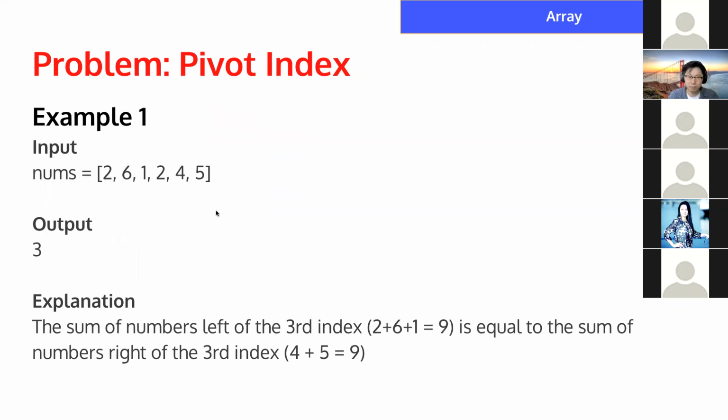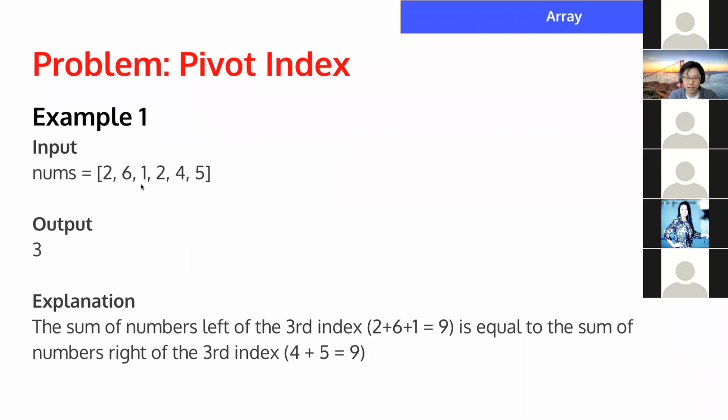Just to go through an example here, the nums we have is an array of 2, 6, 1, 2, 4, 5. It's pretty random, but we want to see if this array actually has a pivot index, and if so, return that pivot index, right? In this case, the pivot index is 3, or the third index.